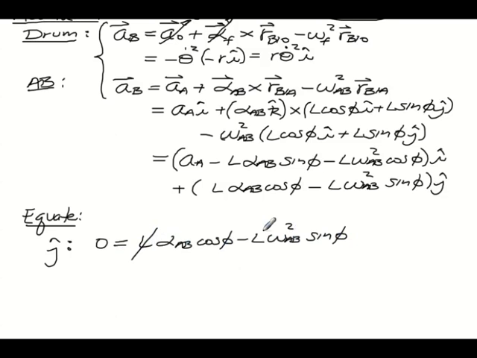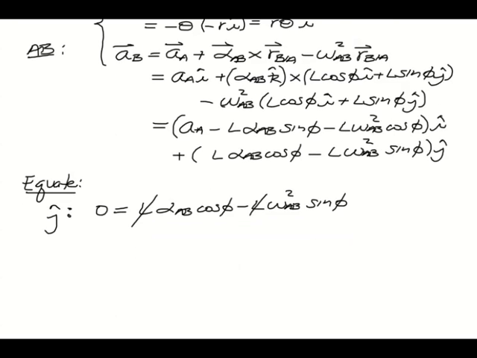In this case, the L's cancel out, and what I get is alpha AB is equal to omega AB squared times sine over cosine, which is a tangent.